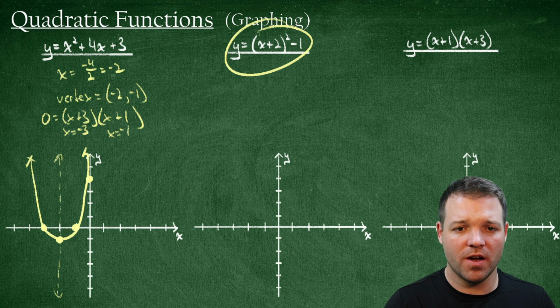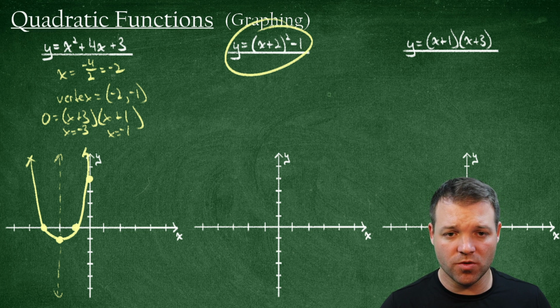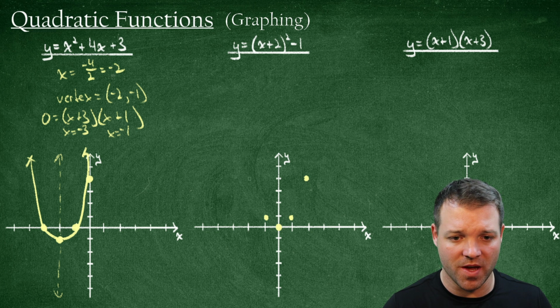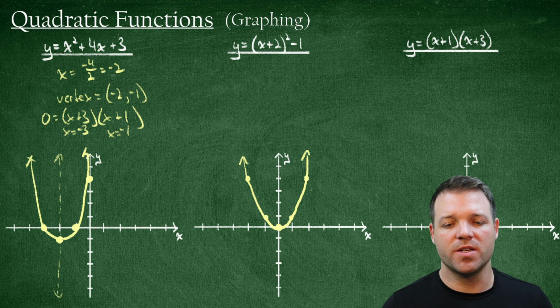So whenever I'm dealing with transformation or vertex form in this case, I am going to do this based off of the parent function, which you should again commit to memory, all of these points. Whoops, having trouble drawing my parabolas today. All right, but anyways, there's our parent function.